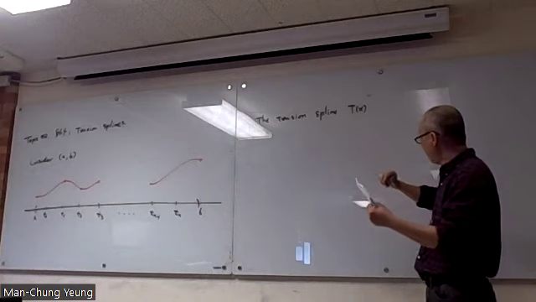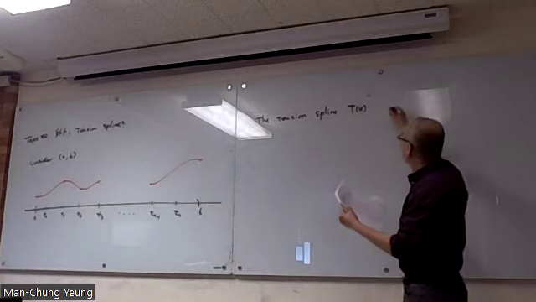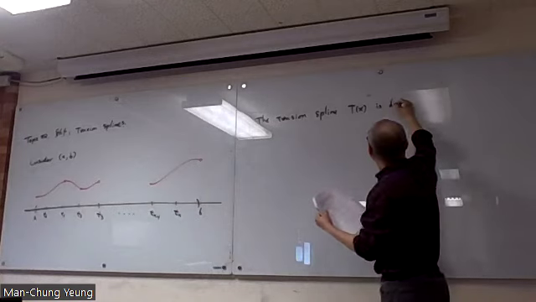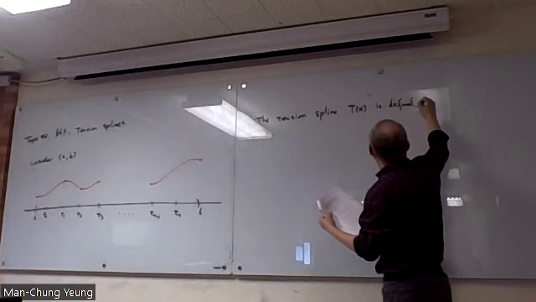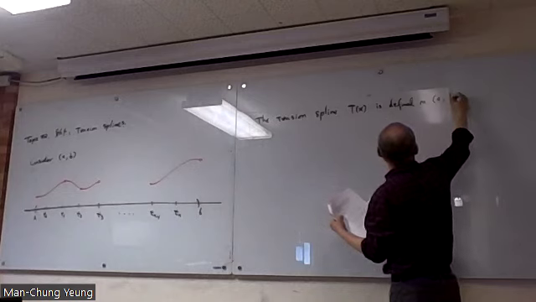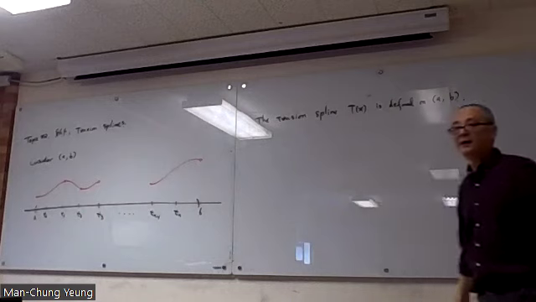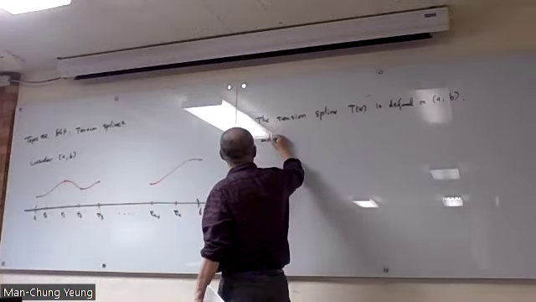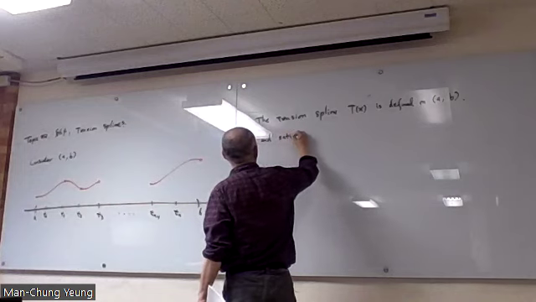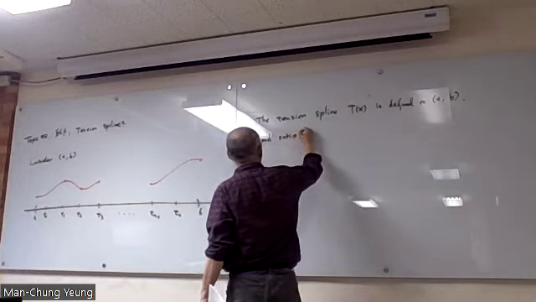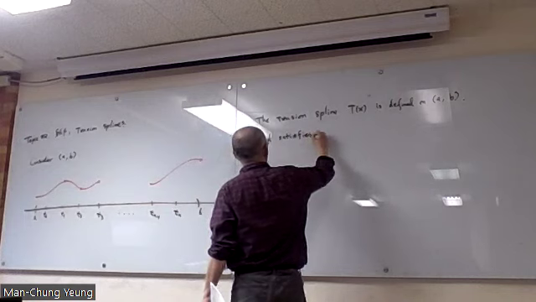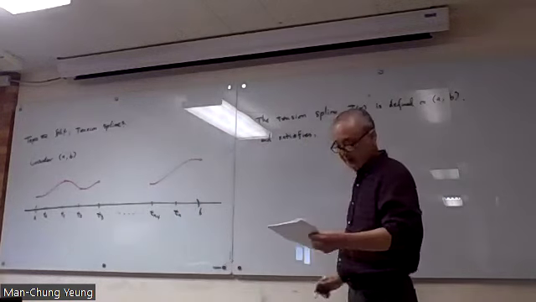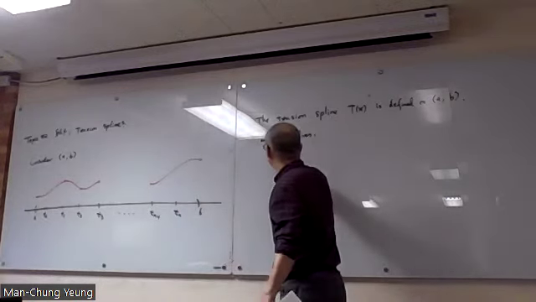The tension spline is defined on AB, the interval AB, and satisfies the following properties. Number one.